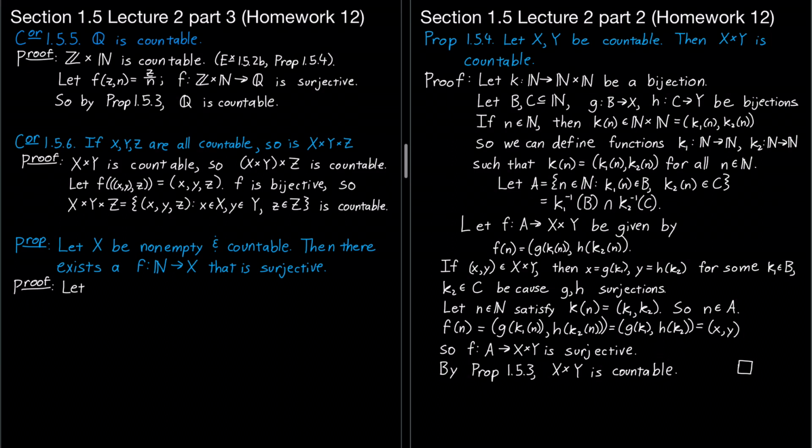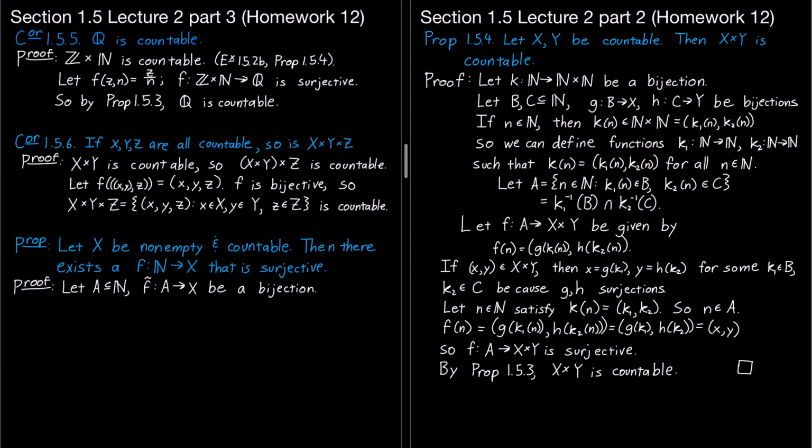Let A be a subset of the natural numbers, and we've already used the letter F, so let F twiddle be a function from A to X. By assumption, there is such a subset A and such a function F twiddle that is a bijection.